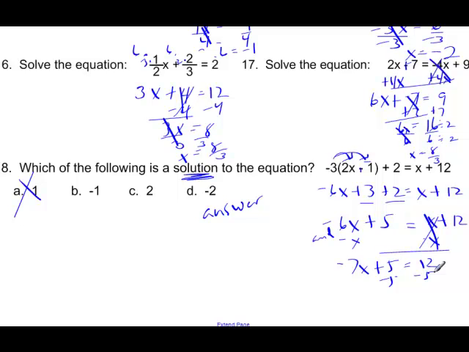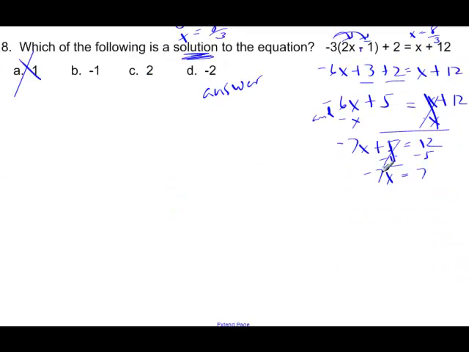Opposite of 5 is negative 5. Negative 7x equals 7. Okay. Divide by negative 7. Positive divided by negative. Negative 7 divided by 7 is negative 1. Adios. B. All right. Good work.